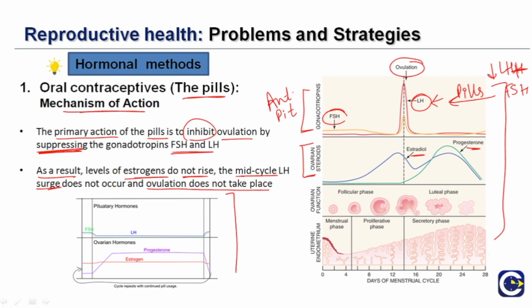And this is exactly how the levels of hormones will look. The pituitary hormones, LH and FSH, will be low, and the levels of estrogen and progesterone will be stagnant, and that is how the pills achieve their mechanism of action. The cycle will keep on continuing as long as you use the pills.